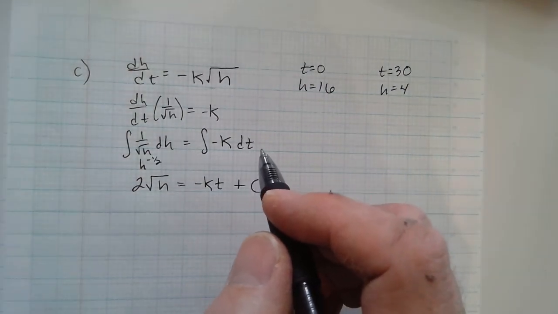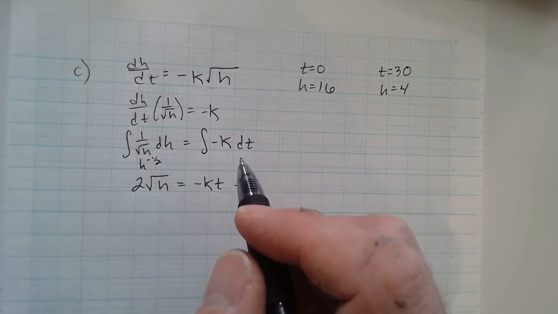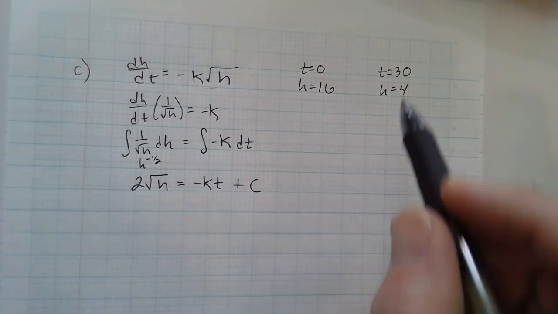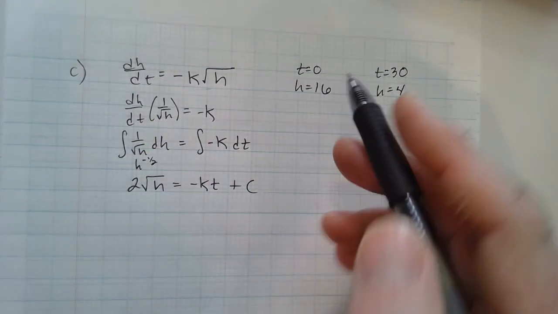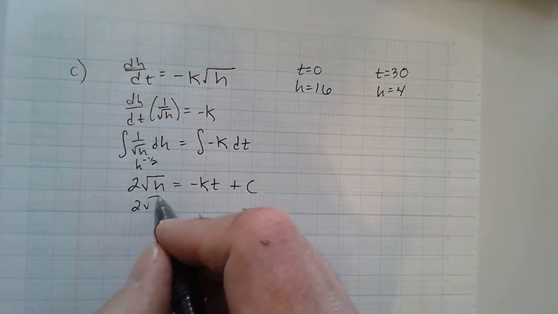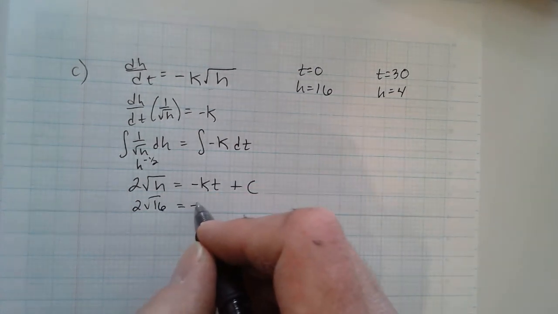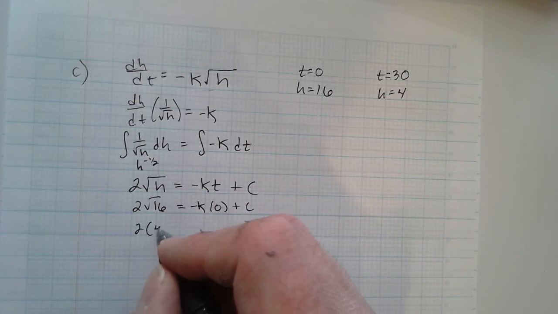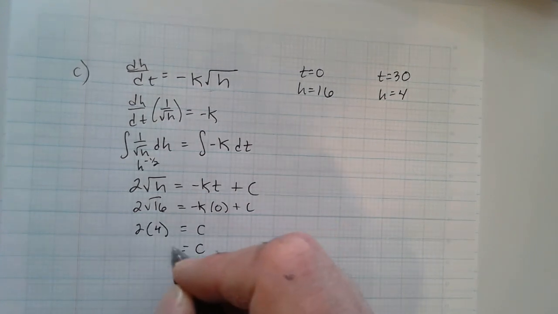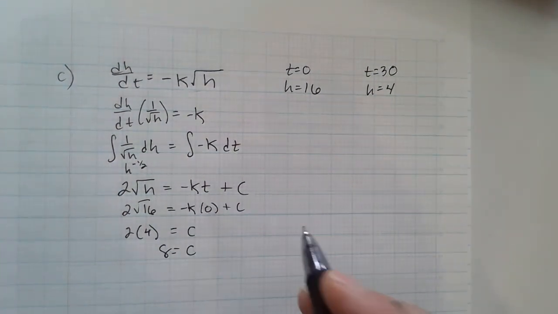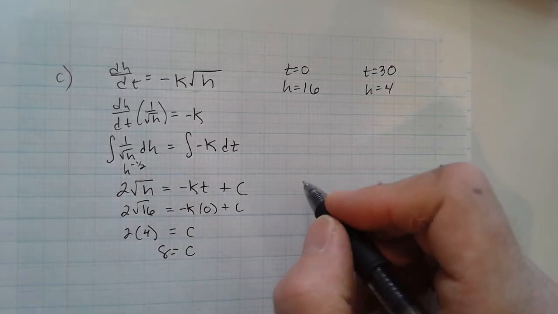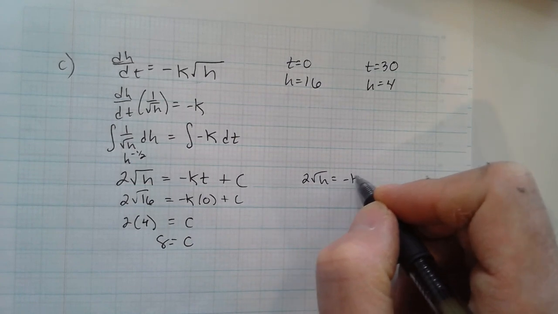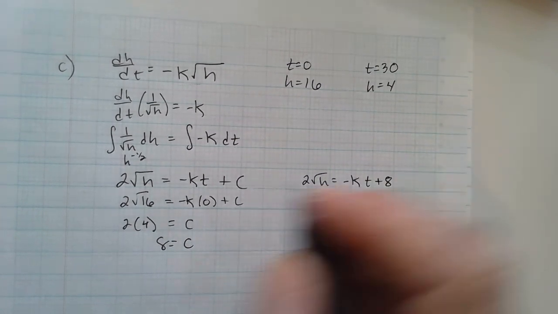All right, so now we look at what's our initial value. Well, we know that when time is 0, H is 16. So 2 square root of 16 equals negative K times 0 plus C. So 2 times 4, so C equals 8. All right, so now we have 2 square root of H equals negative Kt plus 8.